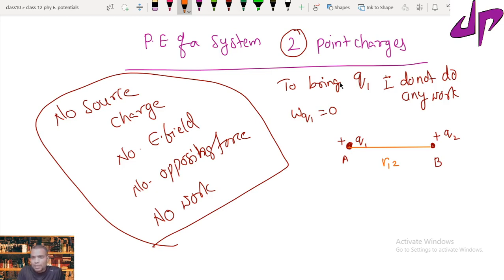Now to bring charge q2, this time I need to do work, because I brought the first charge here, and now this first charge acts as a source charge.